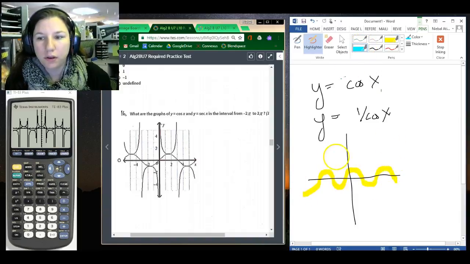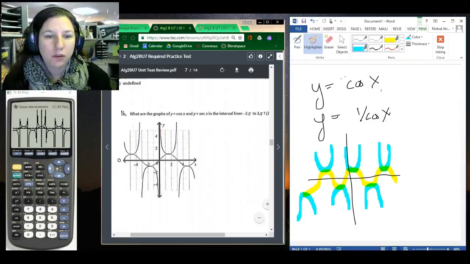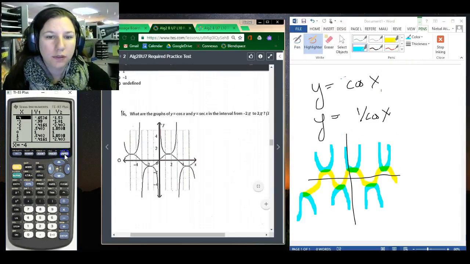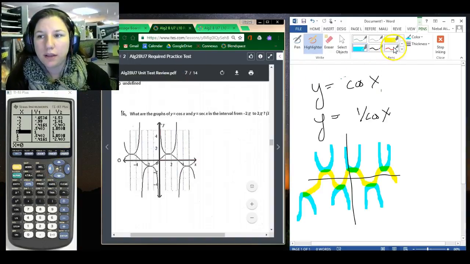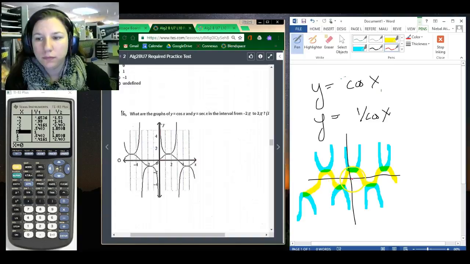And then we have another curve that looks like that, okay? And you can look at your table to get some specific points. So an easy point to read is that when x is 0, both of the curves have a point at y equals 1, okay? So this is really the key feature I'm looking for.